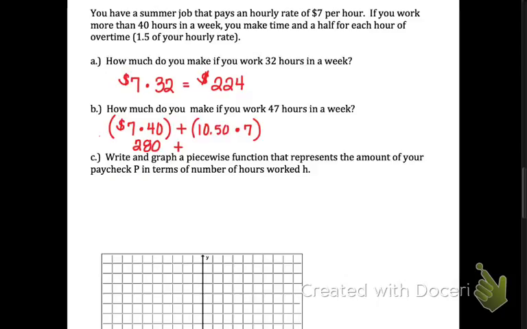No, that's way wrong. 7 times 10 would be 70. 7 times 0.5 would be 3.5. 73.50, I think. If that's wrong, make a comment. You can edit it later. And so if we add those together, we get $353.50. This is obviously before taxes.